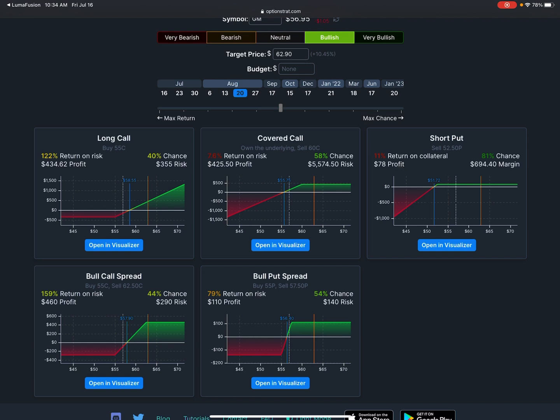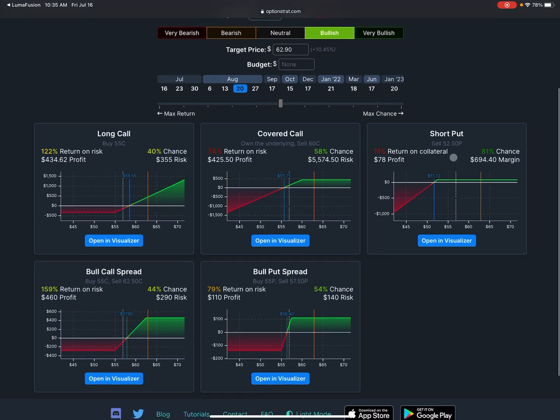In this case, it's $78. Personally, I do like selling puts at times, but you have to keep in mind that the collateral you put up is quite high, because you have to be ready to purchase 100 shares at $52.50. So that is over $5,000 you have to have as collateral in case you're assigned the stock.